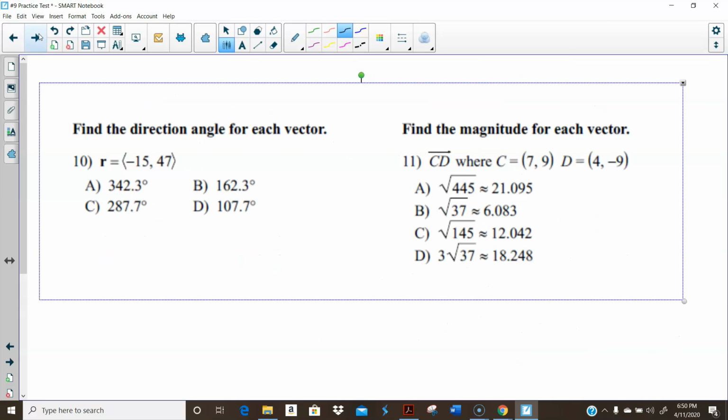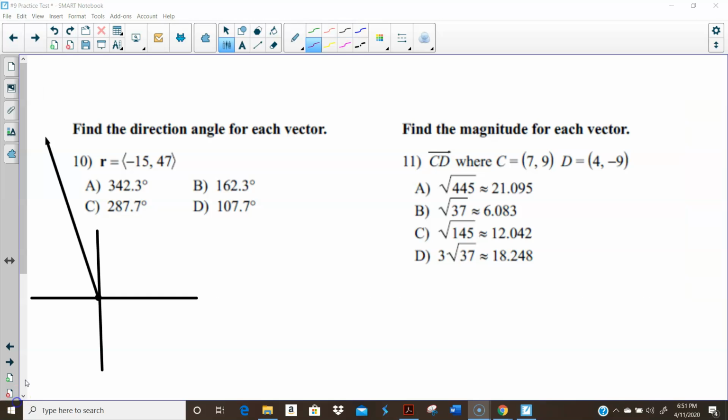Number 10, find the direction angle for each vector. Here's what this vector is going to look like. You go left 15 for the horizontal component and up 47. When they ask for the directional angle, we are looking for this angle starting here at standard position and going in this direction.